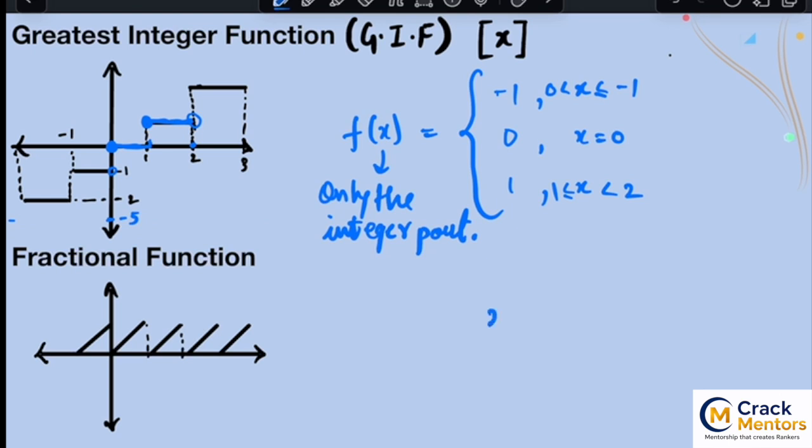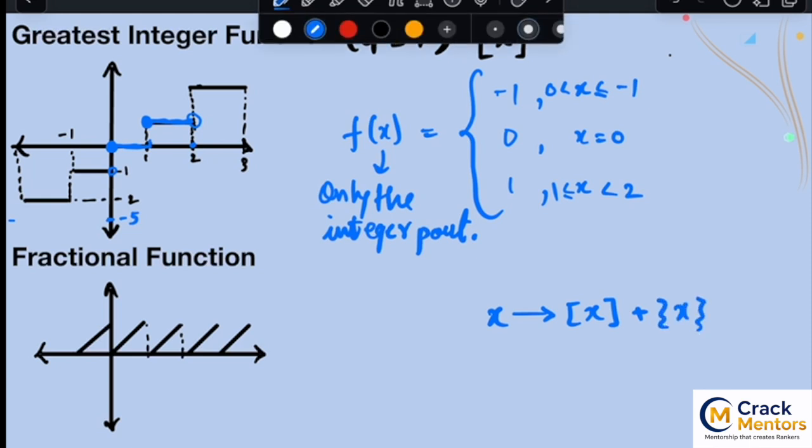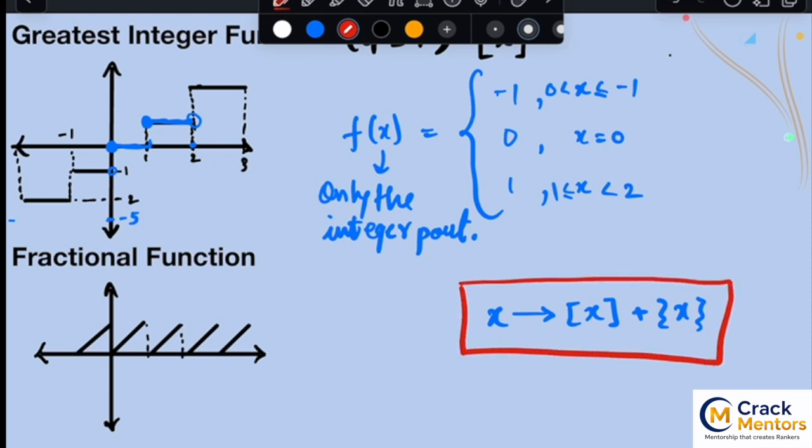We can say that every number consists of its integral part plus its fractional part. Can we say this? Yes, we can. Every number consists of its greatest integer part and fractional part.